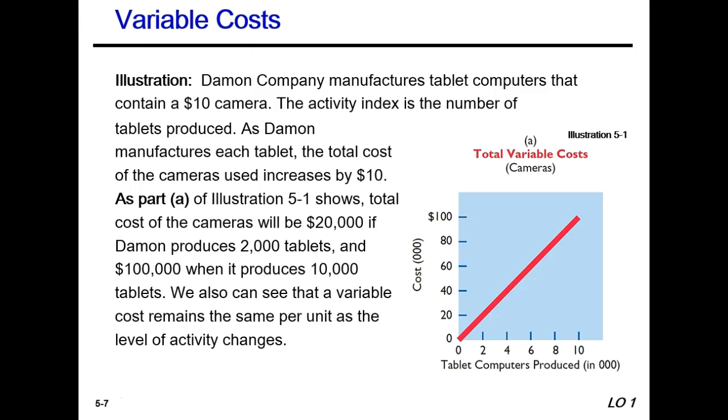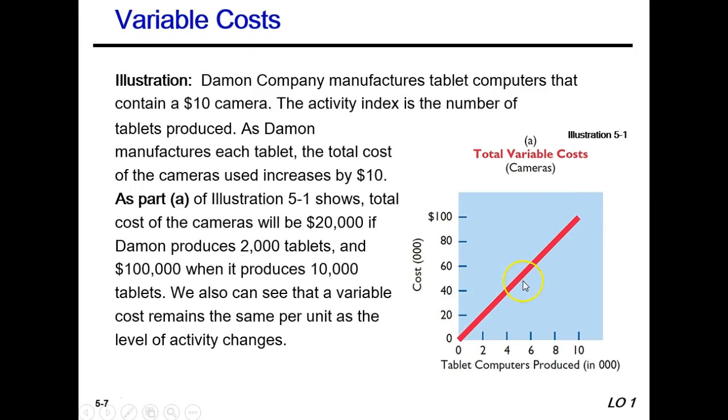As Part A of illustration 5.1 shows here, the total cost of the cameras will be $20,000 if Damon produces 2,000 tablets, and $100,000 when it produces 10,000 tablets.